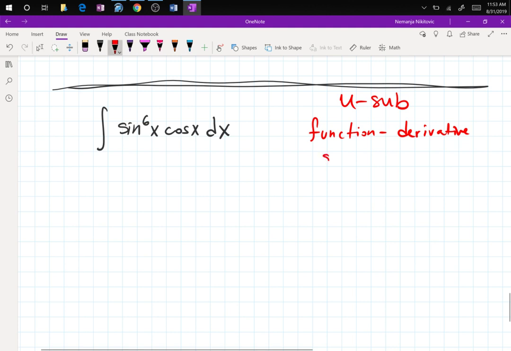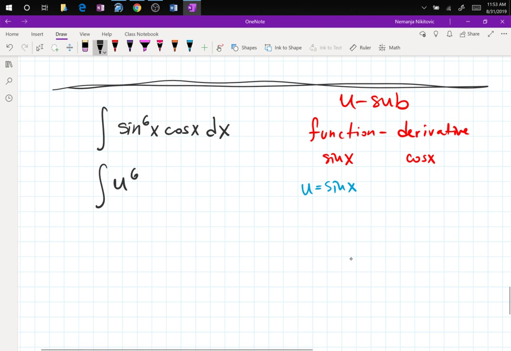If you pick sine x for your function, its derivative is cosine x. Woohoo! U equals sine x, which creates u to the 6, because it's sine to the 6. So it's u to the 6.